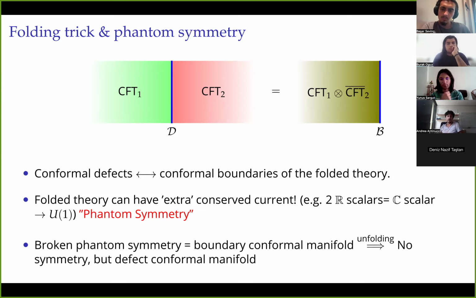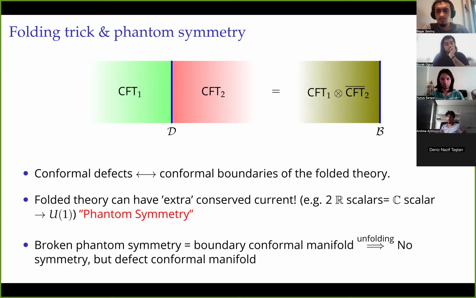So we do this folding trick, and I will explain in a while why and how we can see the emergence of this phantom symmetry. If this phantom symmetry is broken by the boundary condition, that is, if the boundary condition does not preserve the phantom symmetry, then we have a conformal manifold of boundary conditions, exactly as I explained before. It's the same mechanism I explained before for defects, applied to boundaries, not for the theory I wanted to study but for the folded theory.